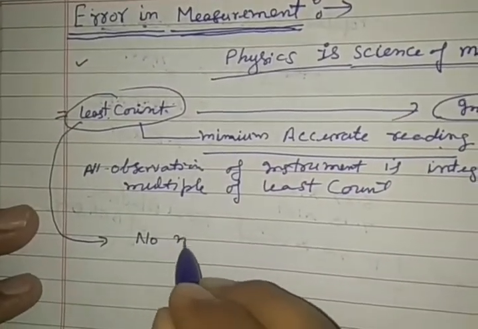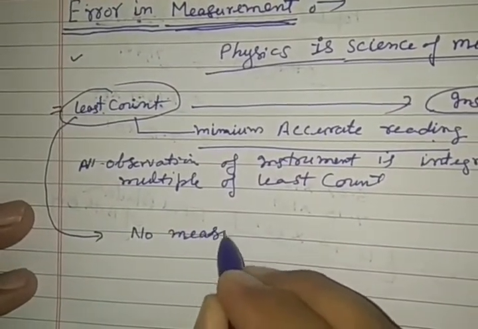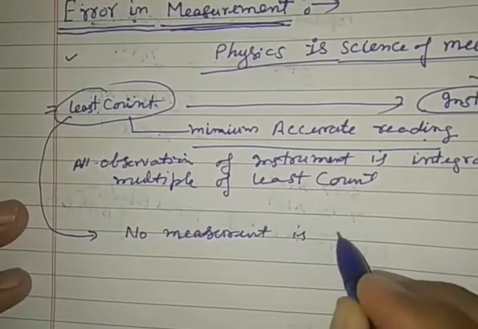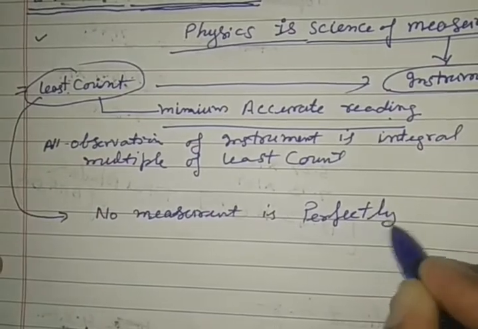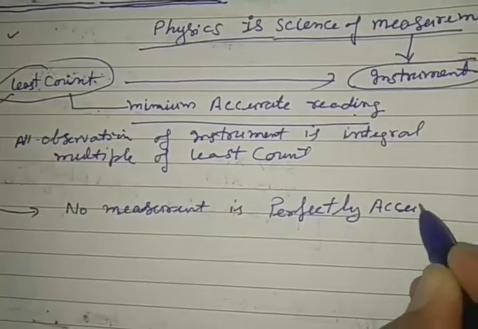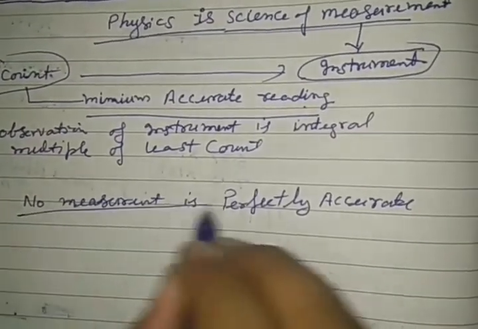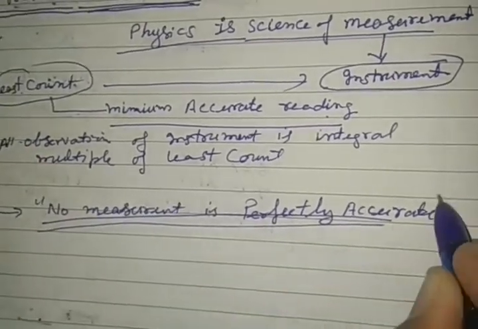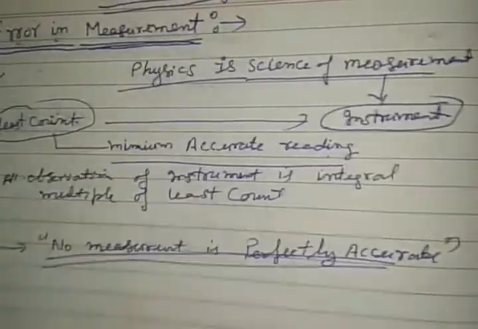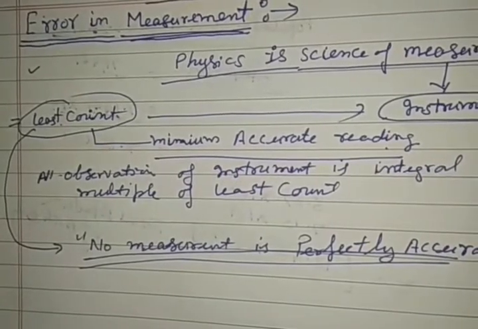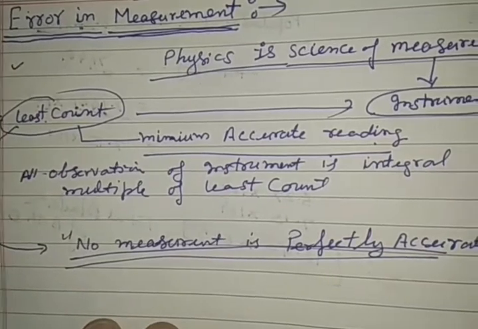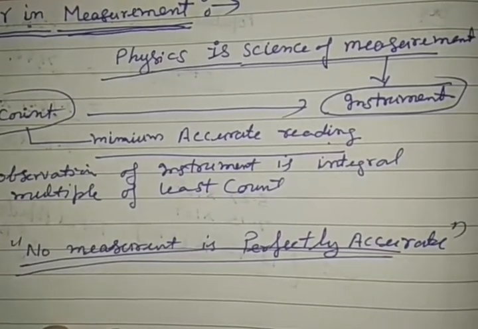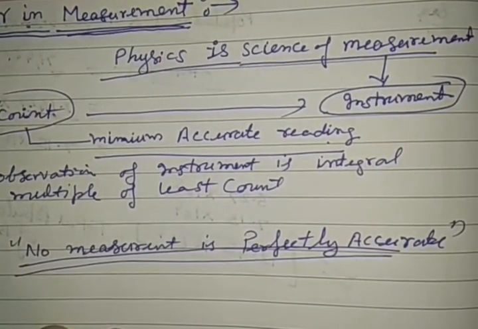When we are making observations or readings from any instrument, one thing is always to be kept in mind: no measurement is perfectly accurate. See why? Let us take an example. Suppose we are going to take the length of a specimen by using a simple scale.